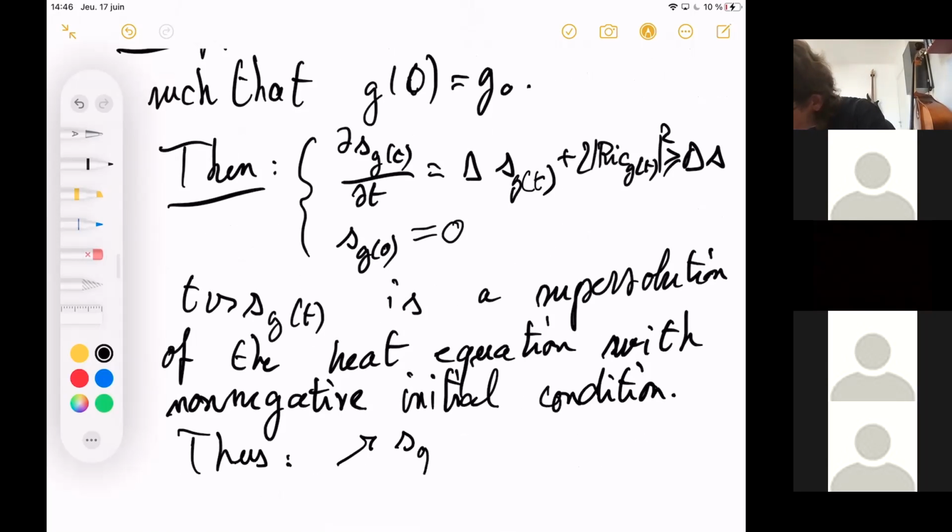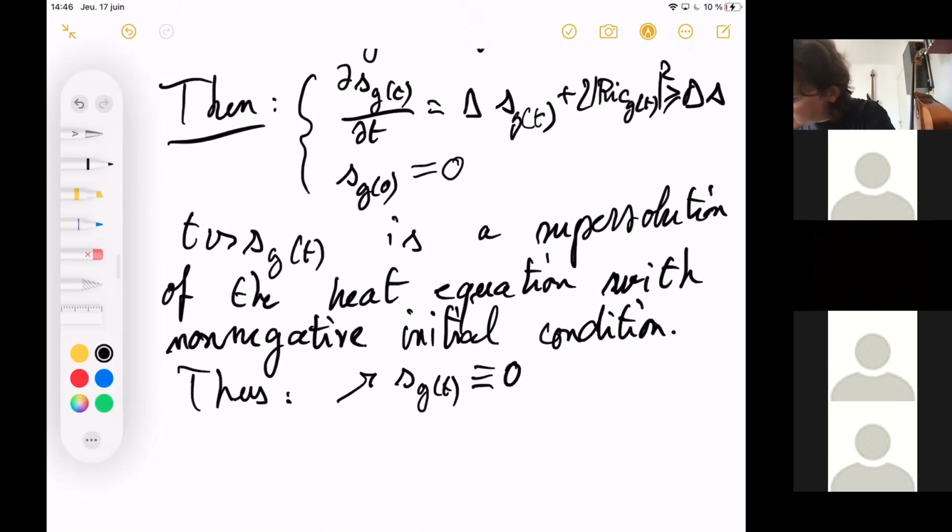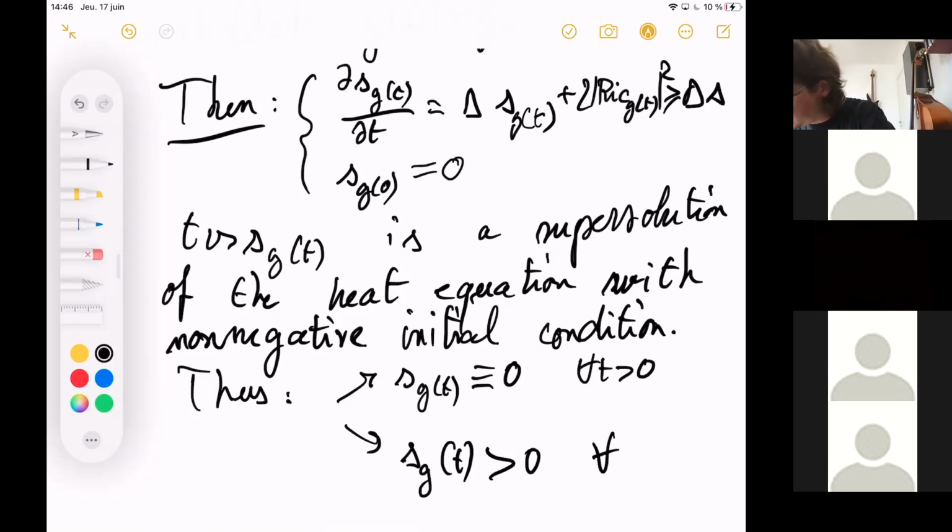Thus, we have an alternative. Either S of g(t) is identically equal to 0 for t positive, wherever it makes sense, or S of g(t) is strictly greater than 0. This is the strong maximum principle. The weak maximum principle will tell you that starting with something non-negative will give you a non-negative solution afterwards.